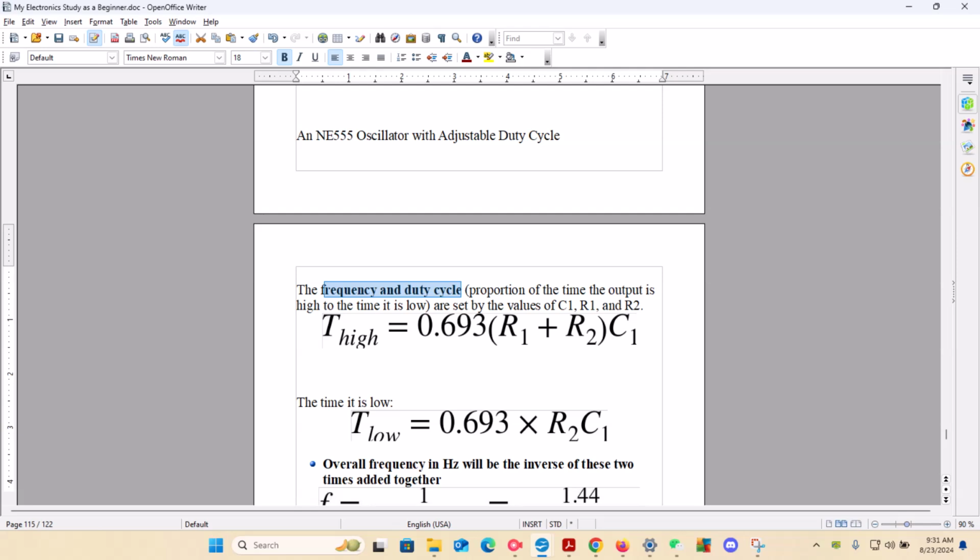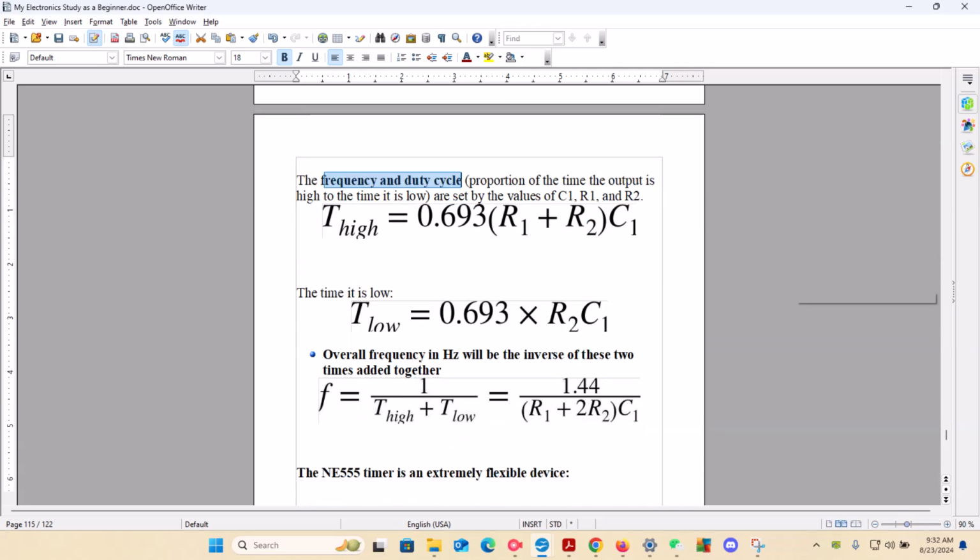Now, when we look at the time that is low, denoted as t low as opposed to t high, that will be equal to 0.693 times resistance 2 times C1. What's the difference? We don't have the first resistance. So the difference between high and low is that for low we're missing resistance 1.